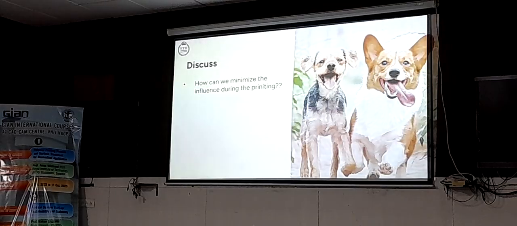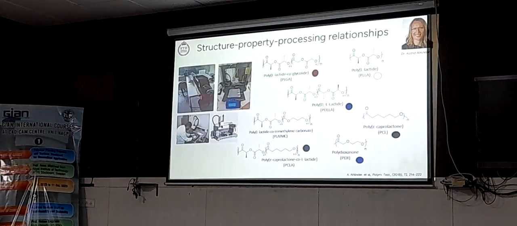But since we don't have the AI yet, what we did was to look into the rheology of the different polymers. Astrid was a PhD student of mine, and she did a huge work on this, as well as Chopin, looking into different polyester-based polymers to see the differences in rheology and see if we could correlate that with printing parameters and try in advance to see how to optimize the printing parameters and how they would behave.